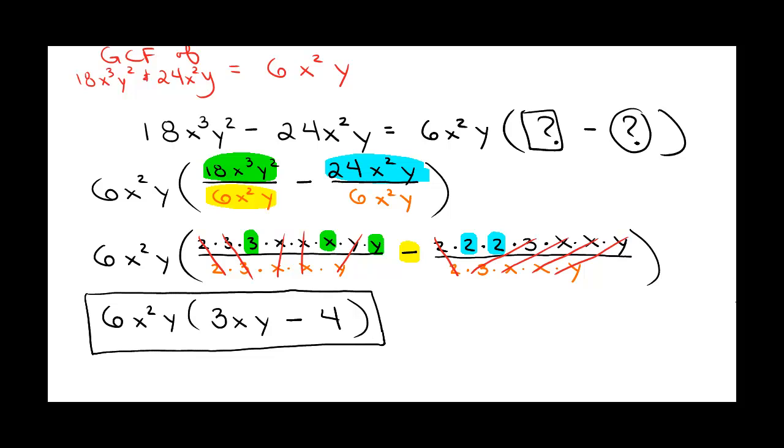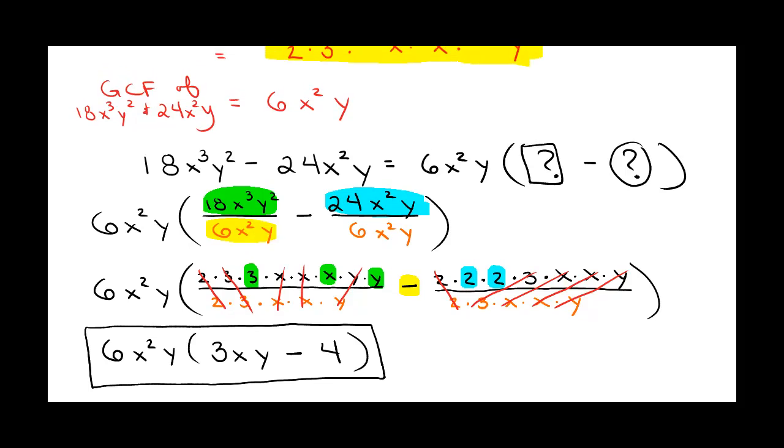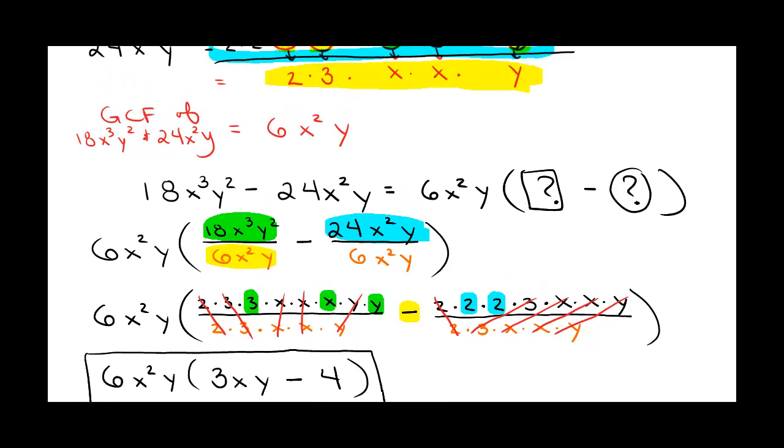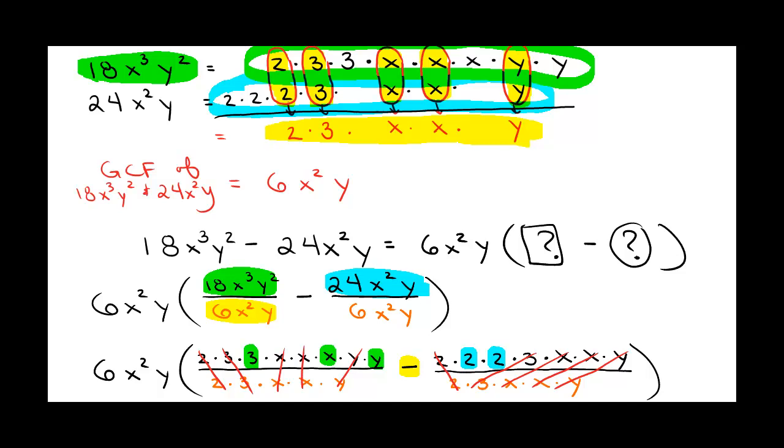Now, I just wanted to show you that we could have found these terms that are left over inside the parentheses earlier if we had looked at what we had factored out when we found our GCF. Notice that for the 18x cubed y squared, the leftover factors were all the factors that were not highlighted yellow.